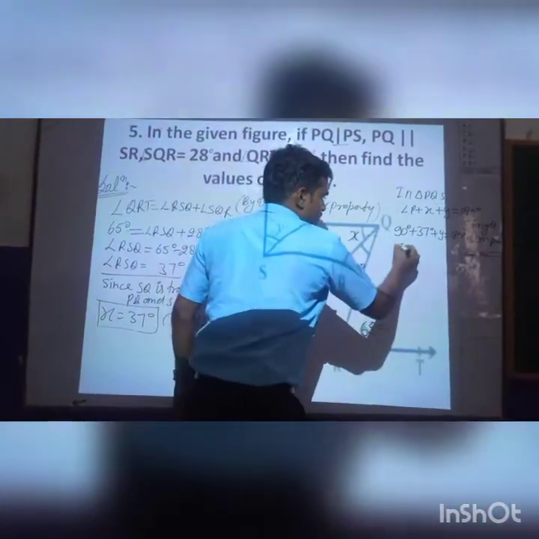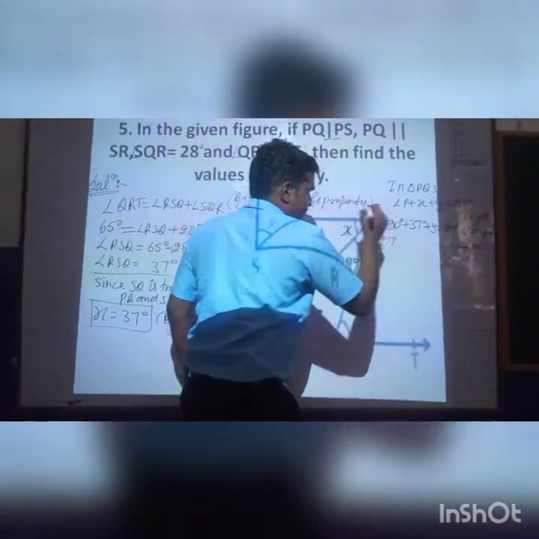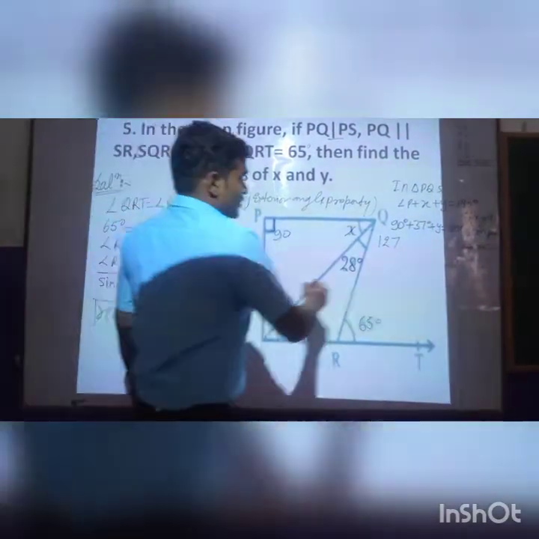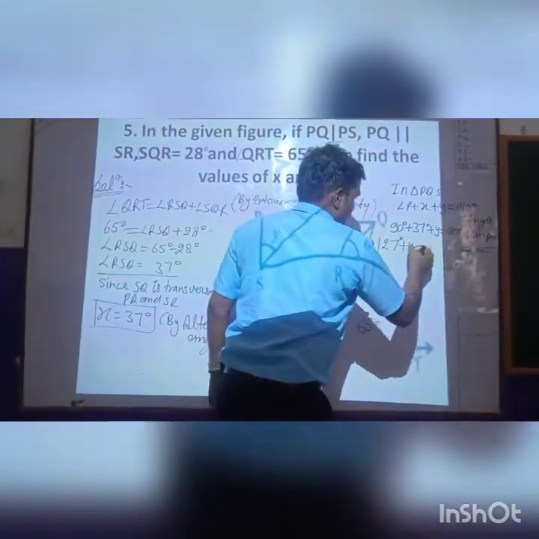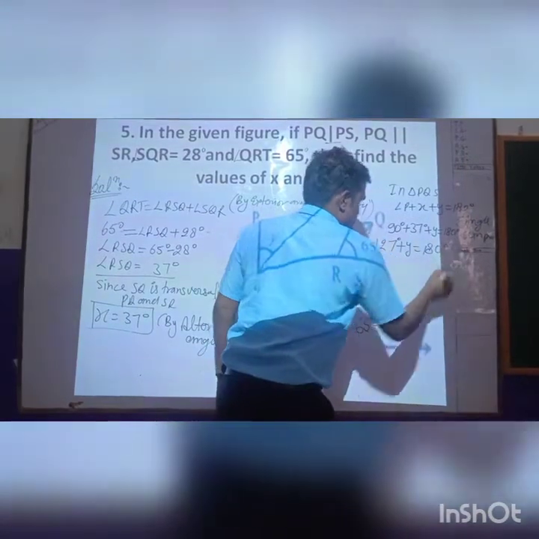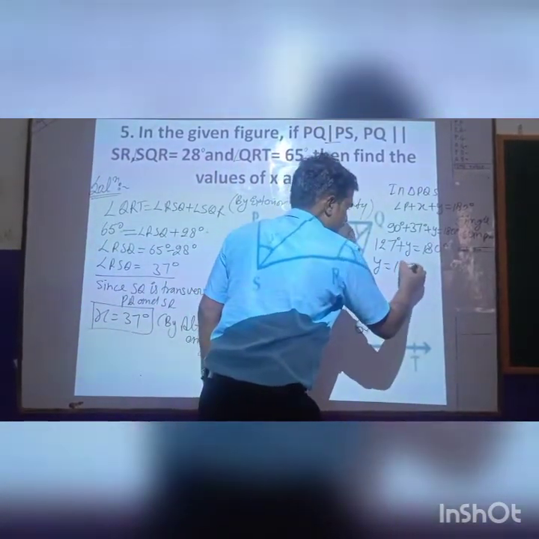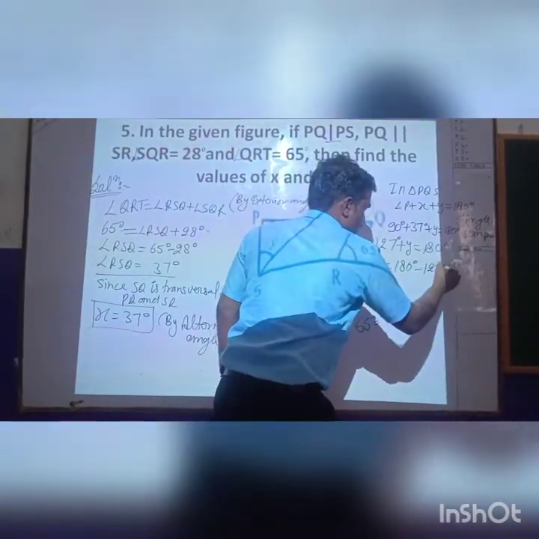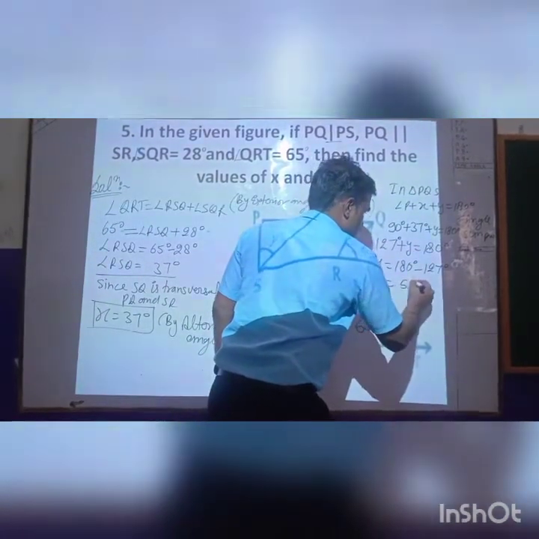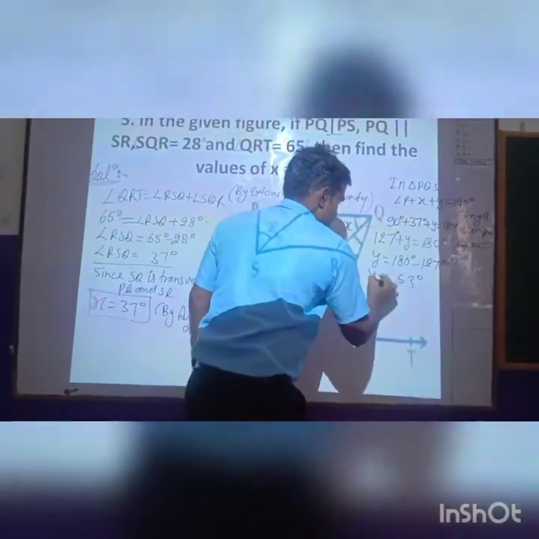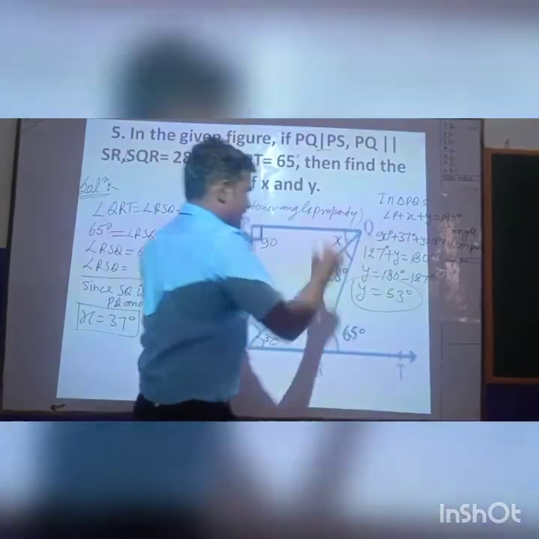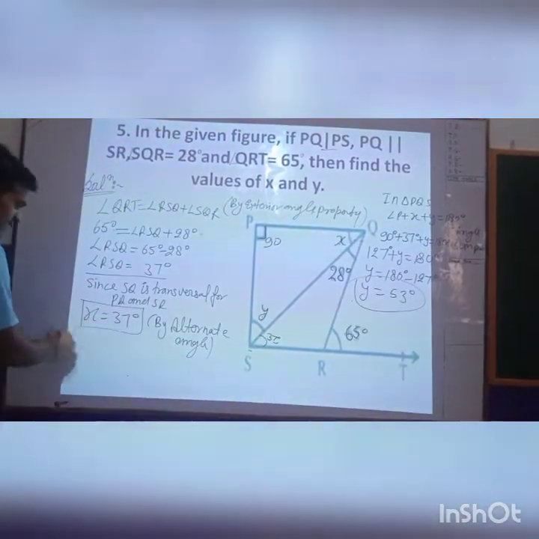Add it, so we get 127 plus y is equal to 180 degree. Now y is equal to 180 degree minus 127 degree, which is 53 degree. So what is the value of y? 53, and the value of x is 37.